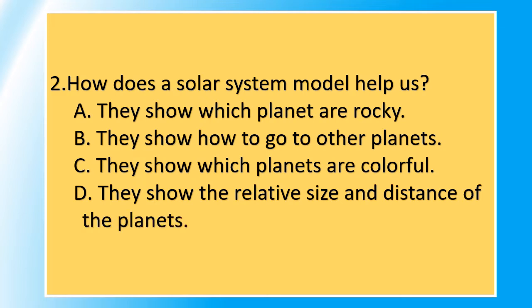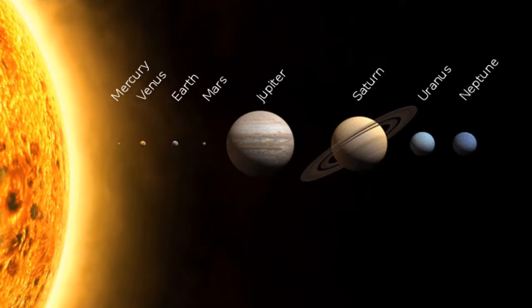And the answer is letter D, correct. This picture shows the relative size and distance of the planets in the solar system.